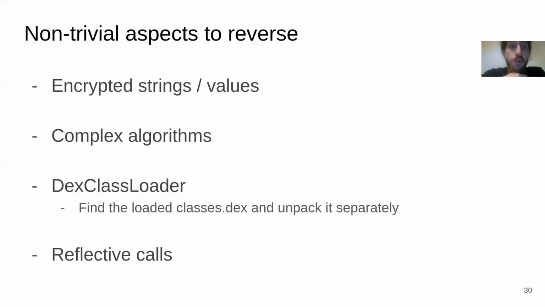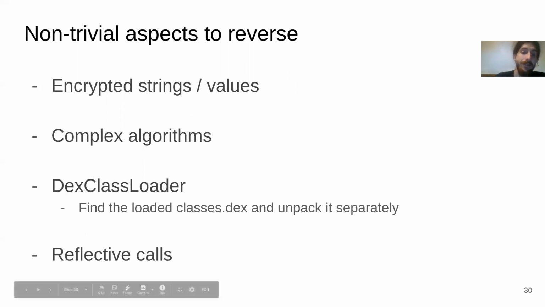There are sometimes non-trivial aspects to reverse. This could be encrypted strings or values, complex algorithms. There could be a reference to the DexClassLoader, which is this class in Android that allows you to take another piece of bytecode and load it at runtime. And somehow then you will need to analyze the file that is being loaded, reflective code, and so forth. These are tricky to reverse with static analysis, but as I tried to mention multiple times, this could be easier with dynamic analysis.